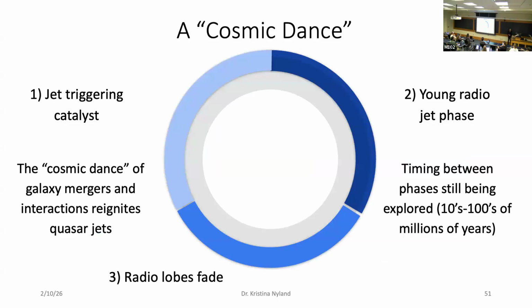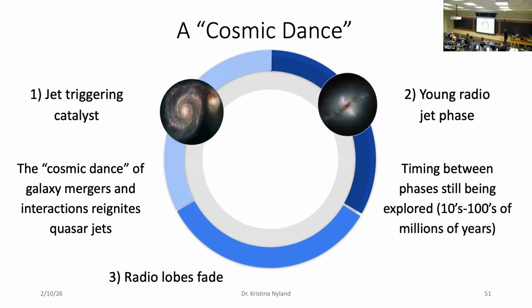So my student, Olivia Achenbach, wanted to make a cool graphic of all of this for her press release talk at AAS last year. This is what we came up with. You start with the triggering catalyst, like a minor merger.